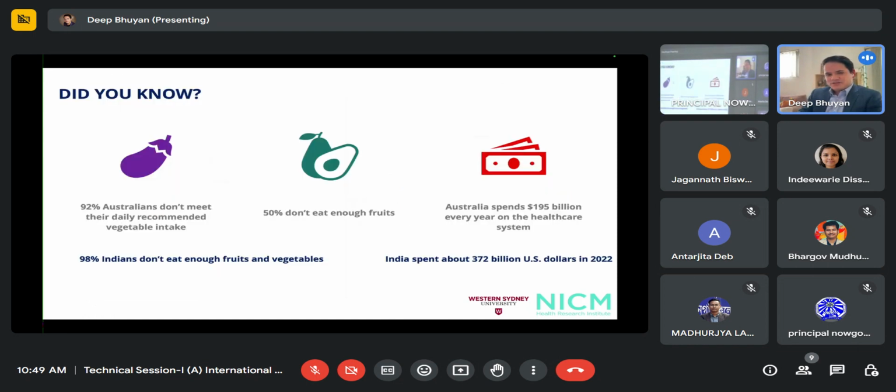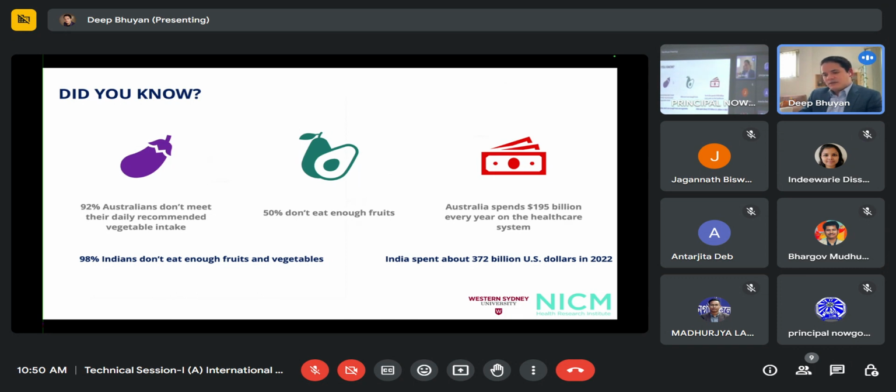So why we are looking at Australian diet and other things, there are a few key problems. Okay, so from the Australian perspective, about 92% of Australians do not eat their daily recommended vegetables. In case of Indians, it's even worse. 98% of Indians don't eat enough fruits and vegetables. Okay. And in Australia, we spend about 195 billion dollars every year on our healthcare system.